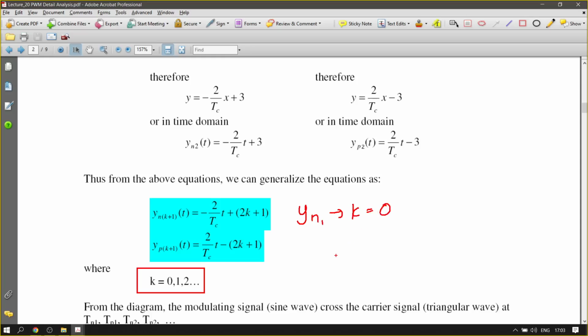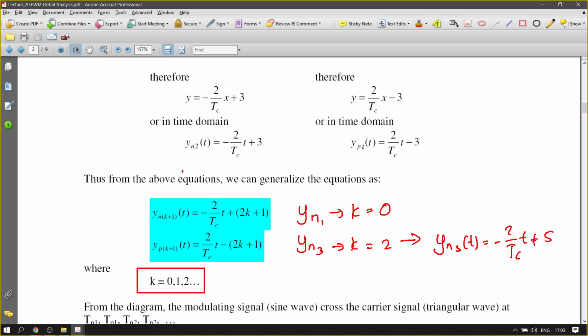If you want to find yn3, k should be equal to 2. You put it in, and you get yn3 of t equals minus 2 over TC t plus 2 multiplied by 2 is 4, 4 plus 1 is 5, and so on and so forth.